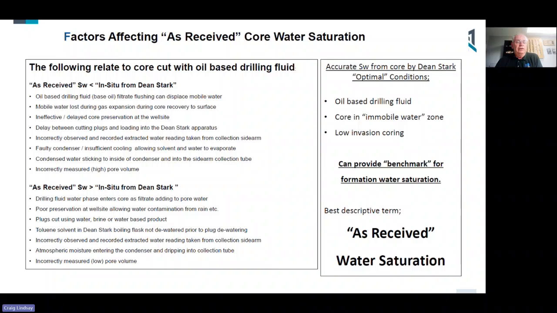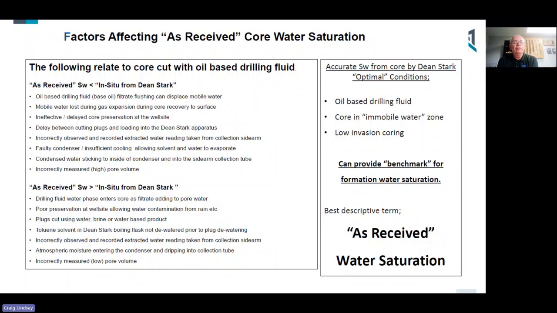Again, this is a summary. I'm not really going to go through all the points one by one, but it's talking about the different factors that can affect what we see in a water saturation from a Dean Stark. As I said, when we get a core in the lab, things will have changed in it. We hope it hasn't changed too much, but things will have changed.